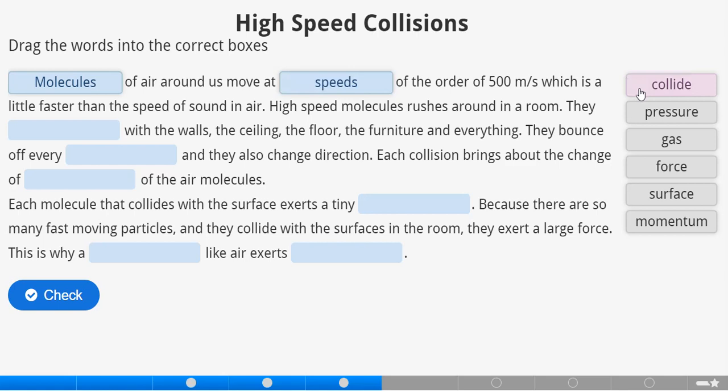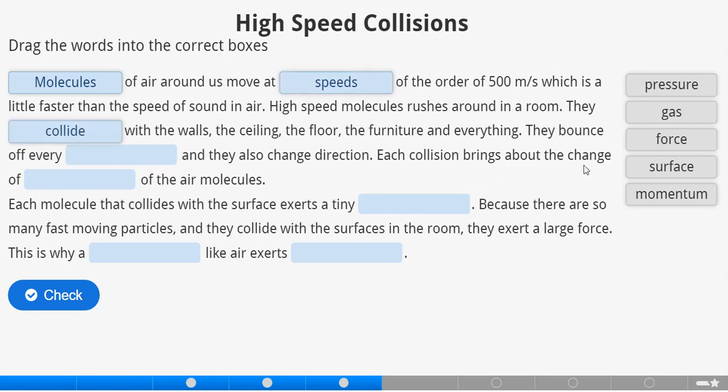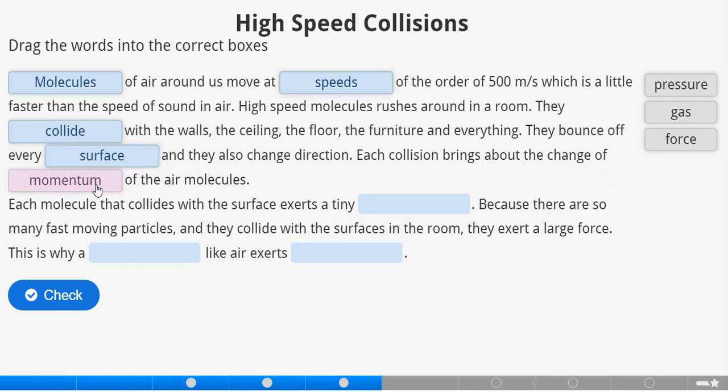They collide with the walls, the ceiling, the floor, the furniture, and everything. They bounce off every surface, and they also change direction. Each collision brings about a change of momentum of the air molecules.